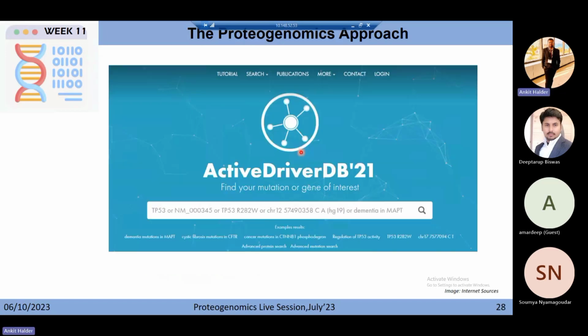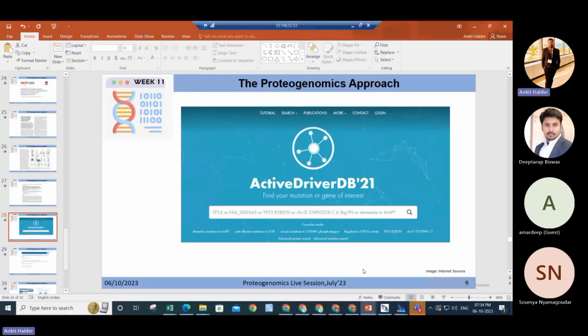Now this is another tool, ActiveDriverDB, to find mutations of the genes of interest. So let us look into it.